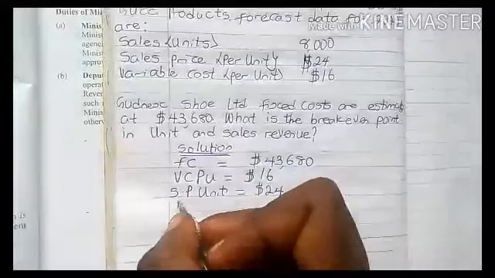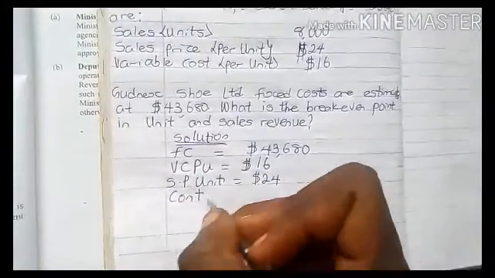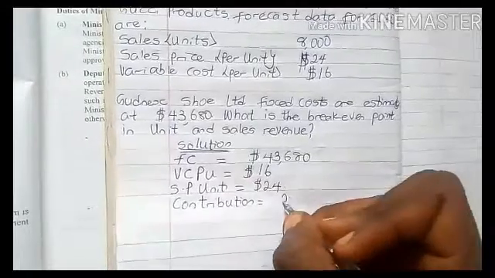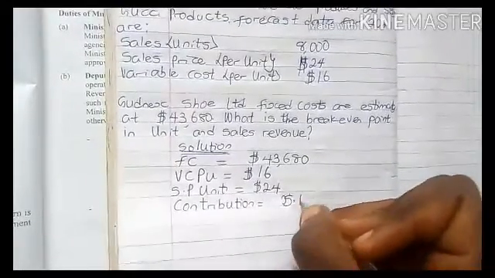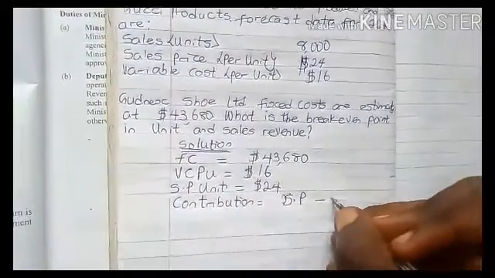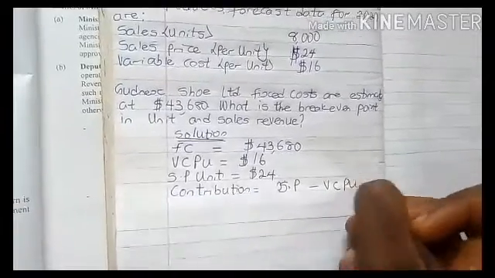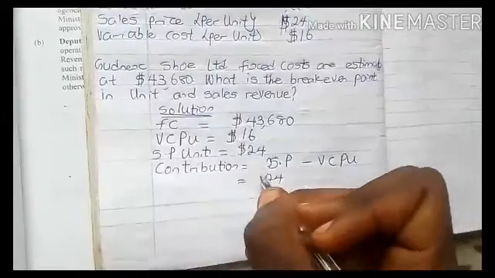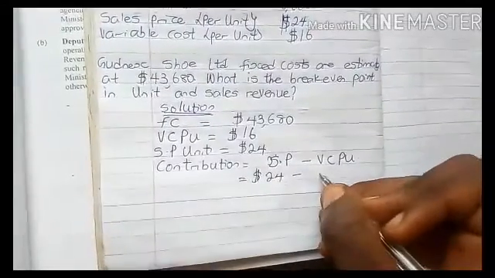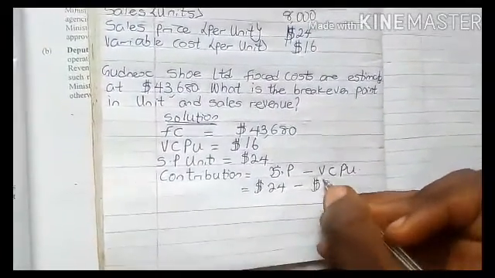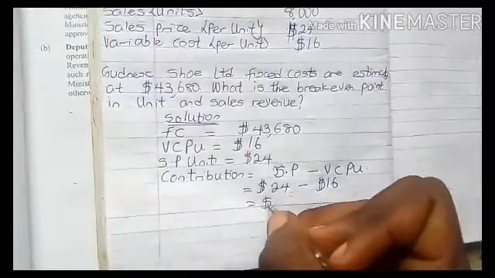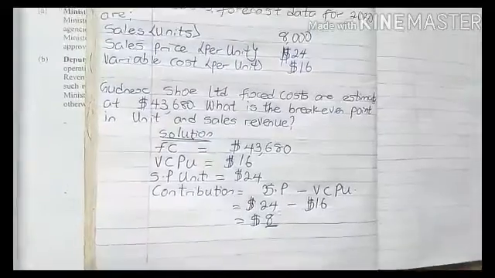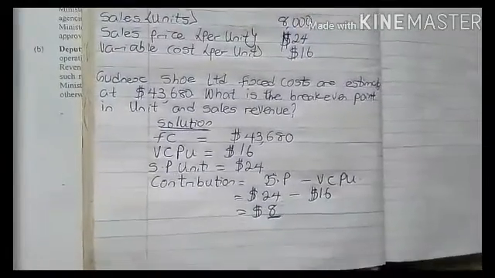Now to get our contribution, the formula for contribution is selling price per unit minus variable cost per unit. We know our selling price to be $24 and variable cost per unit to be $16. So our contribution is $8.